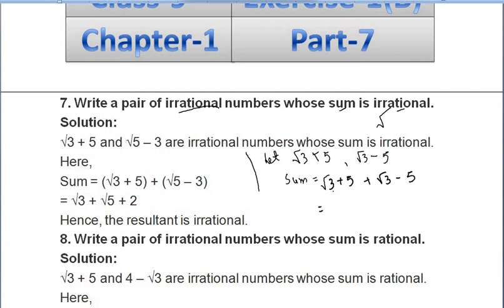So here the plus 5 and minus 5 will get cancelled, and under root 3 and under root 3 will be left. 1 under root 3 plus 1 under root 3 will become 2 under root 3. You see, this number is also irrational because it has an under root. That means this number is also an irrational number. So this is the answer.